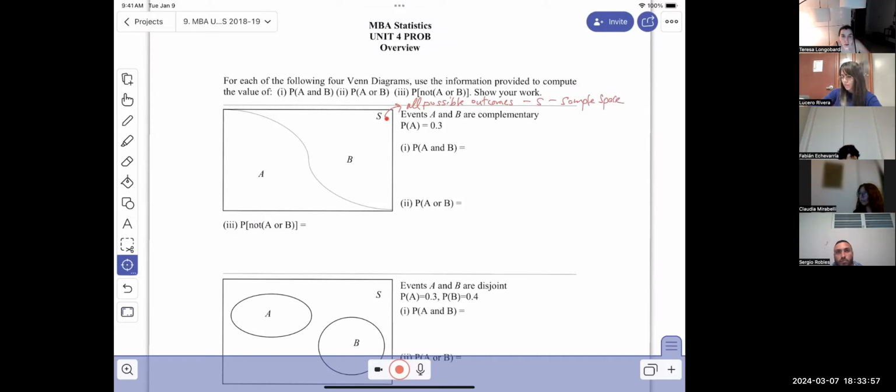So all possible outcomes are here, and it depends on how you define it. All possible outcomes in this rectangle include event A and event B, 2 possible outcomes.